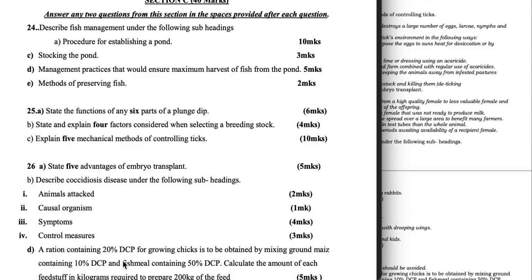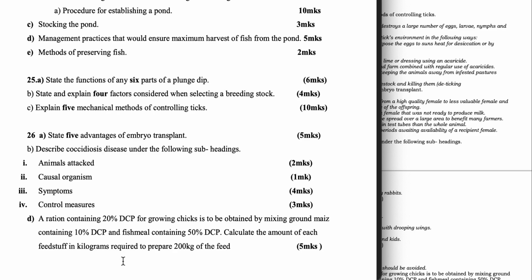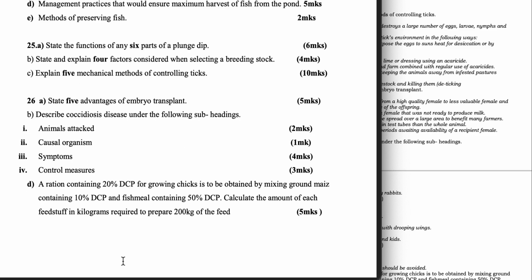A ration containing 20% DCP for growing chicks is to be obtained by mixing ground maize containing 10% DCP and fish meal containing 50% DCP. Calculate the amount of each feedstuff in kilograms required to prepare 2000 kg.